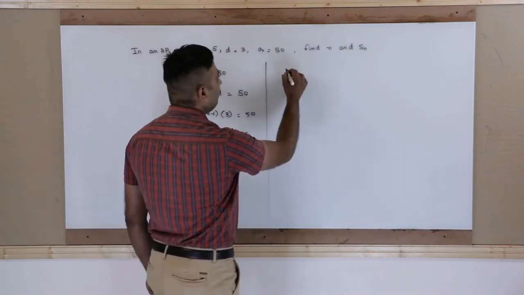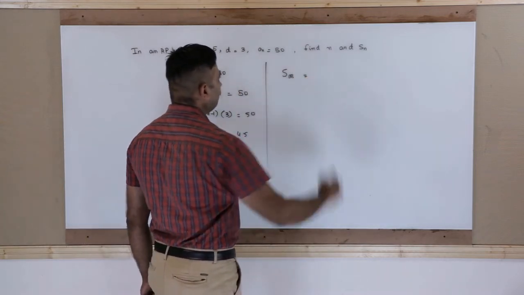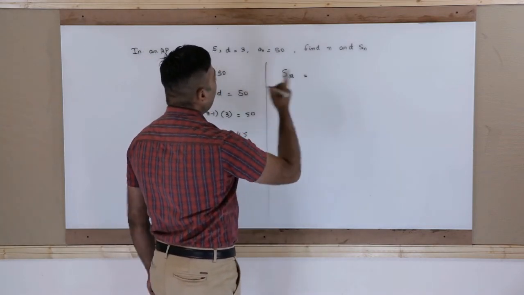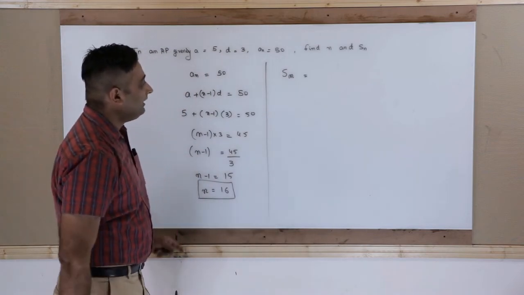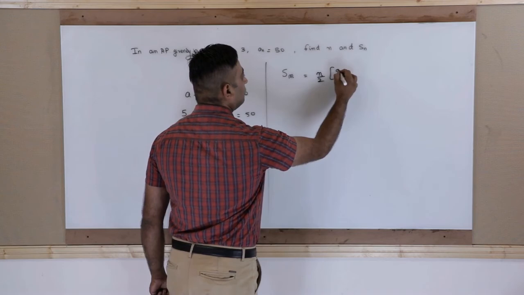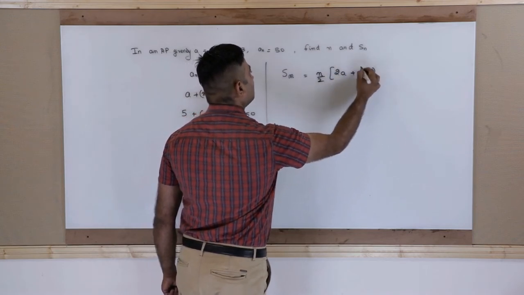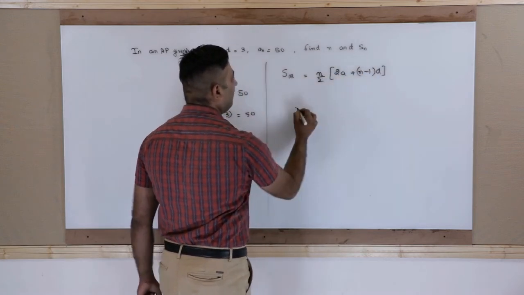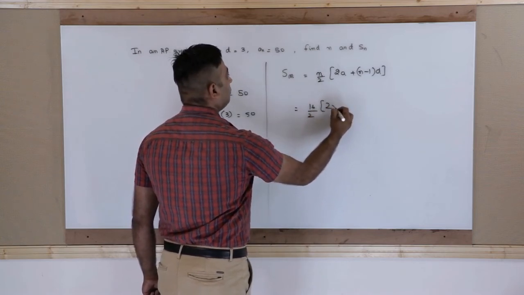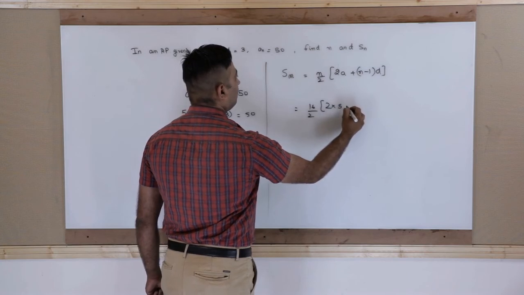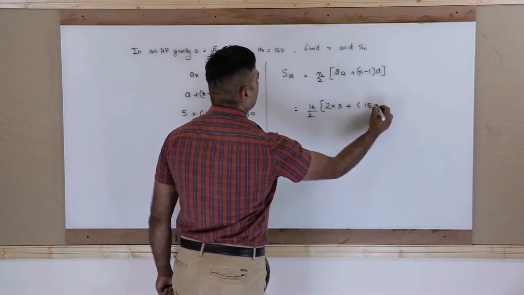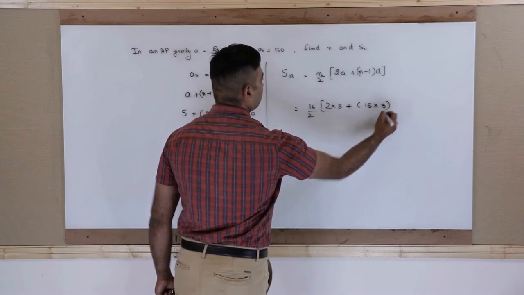Now we have to find the sum up to N terms of this AP, with first term A 5, common difference D 3 and N equal to 16. We apply the formula N by 2 times (2A plus (N minus 1) into D) to find the sum of N terms. That means 16 by 2, 2 into 5 plus 15 into 3.